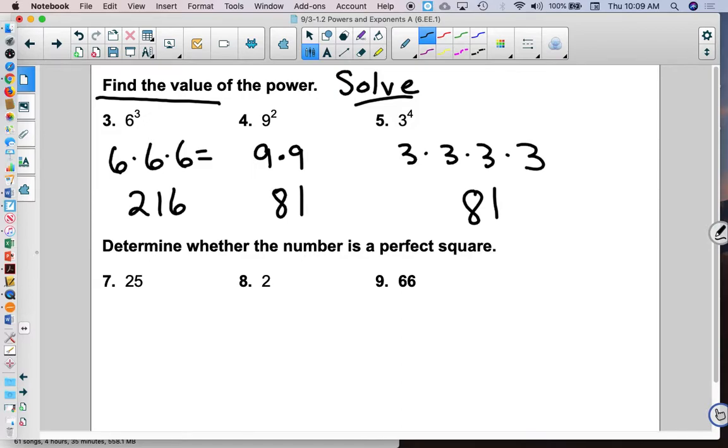Determine if 7, 8, and 9 are perfect squares. It doesn't say you have to prove it, so you can just say yes, or you can say no. Good. So write the answer on your paper.